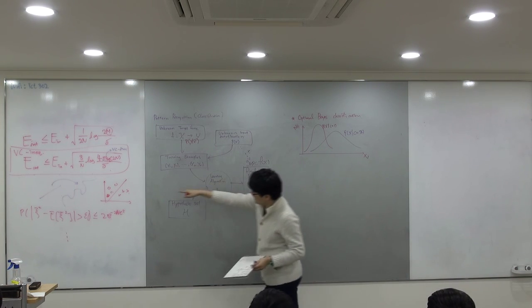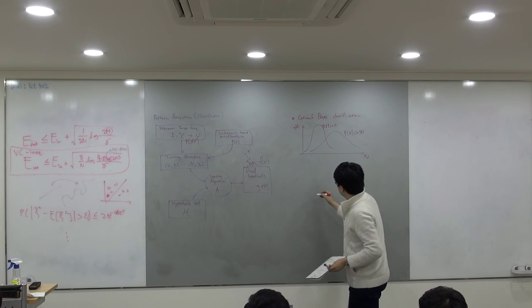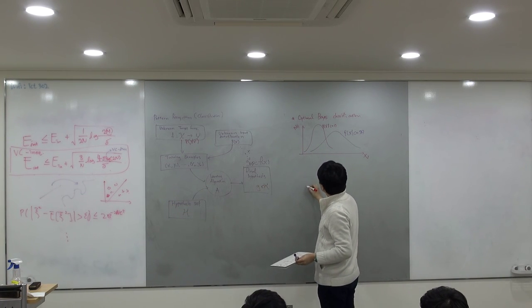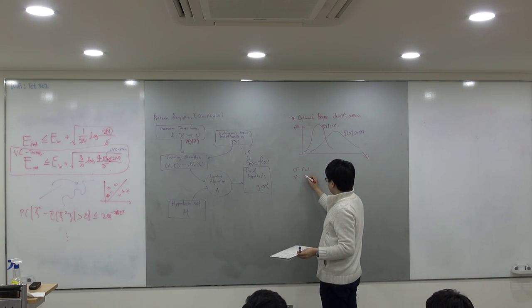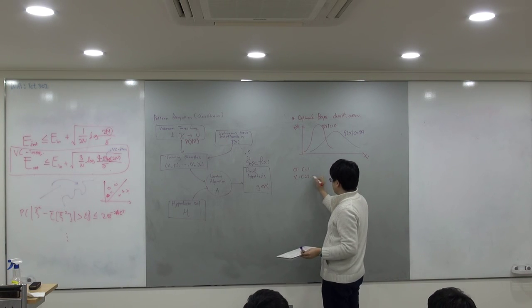What this means, in this example, let's say you have circles for class 1 and crosses for class 2.